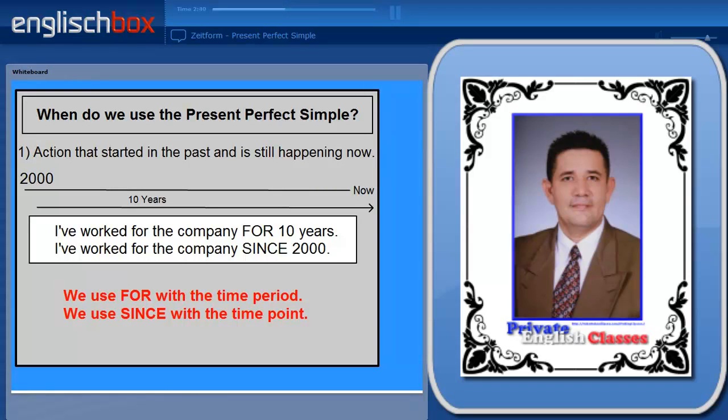For example, I've worked for the company for 10 years, or I've worked for the company since 2000. So I started my job at this company in the year 2000, and I have been working for this period of 10 years up until today, and I will continue working for them in the future. We use for the time period, and we use since for the time point.